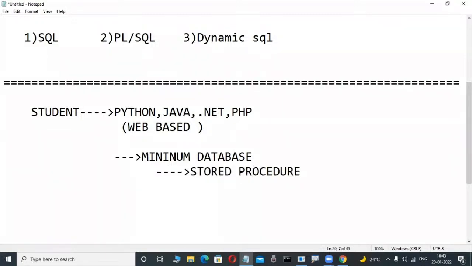That's why when Java or .NET programmers attend an interview, so many interviewers ask: write a query to display the highest salary employee, the second salary employee, what is a join, write a query to delete duplicate rows from a table. So many predefined queries they ask, to check whether at least minimum knowledge is there. Front-end developers also need minimum knowledge of Oracle, SQL Server, DB2, anything. That's why so many fellows are learning courses like this.